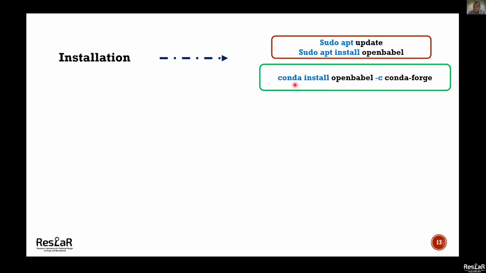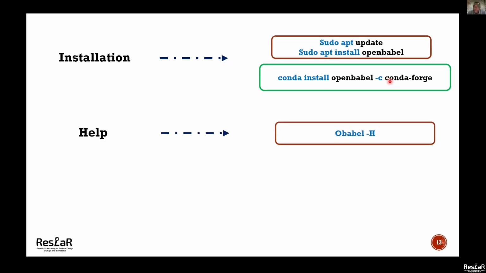Then you can also conda install OpenBabel. You can also install it from the conda-forge channel. Then help. To see the many functions available, you can use either the single dash with capital H or the double dash with small help to see all the utilities available in OpenBabel.